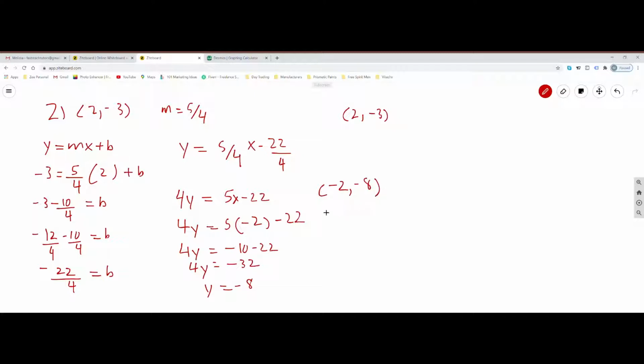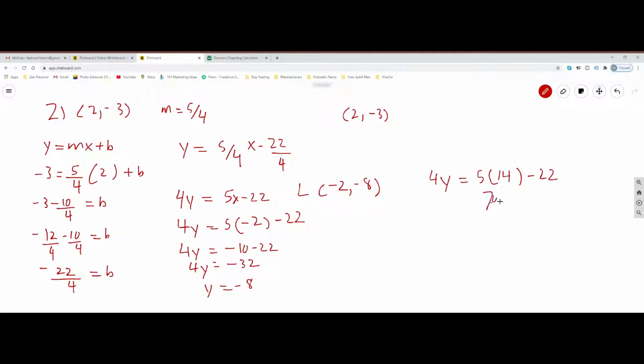So you have the point negative 2 and negative 8. So now this is to the left. Let's do one to the right. So let's do 14. So we have 4y equals 5 times 14 minus 22. So 5 times 14, 70.